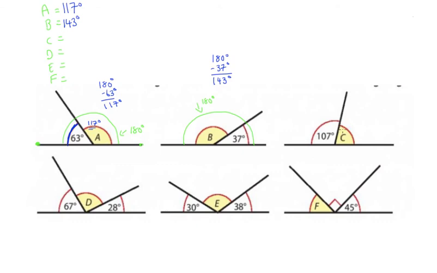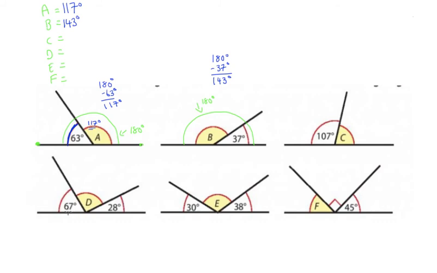So C is very similar. I won't do it. And then these ones here, okay, this looks a little different, but have a look here. They've told us what this angle is, and they've told us what this angle here is.